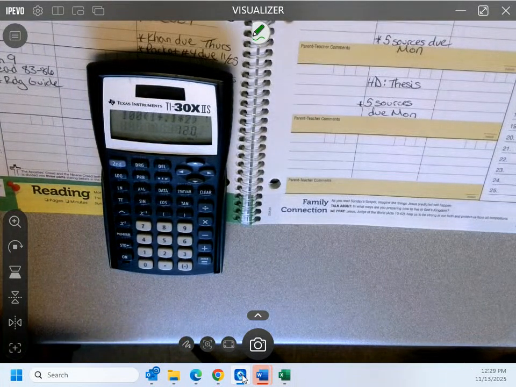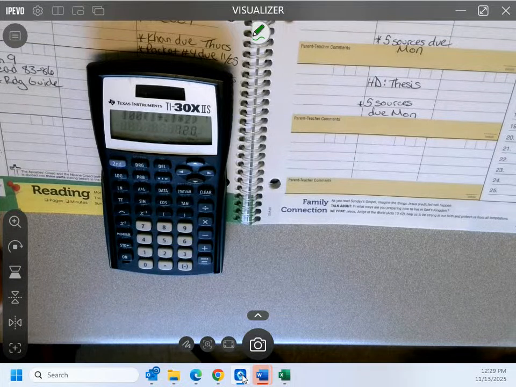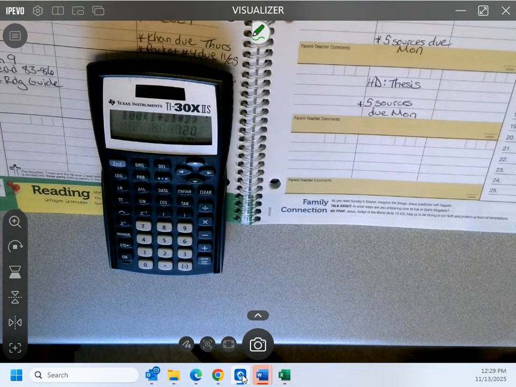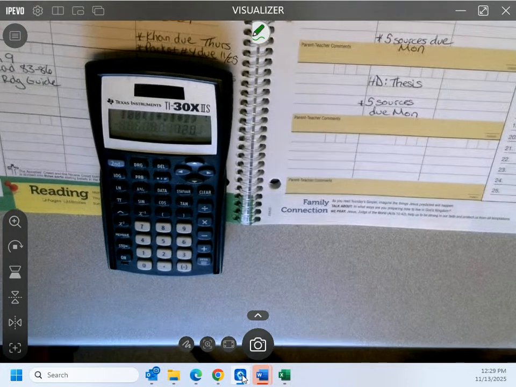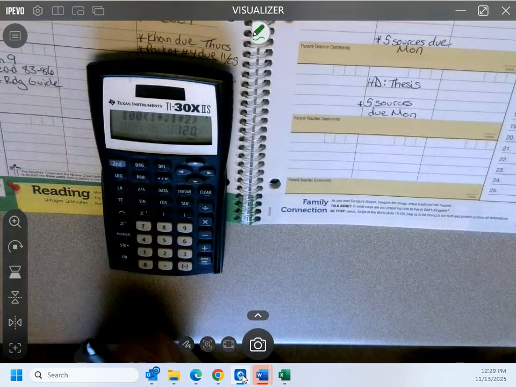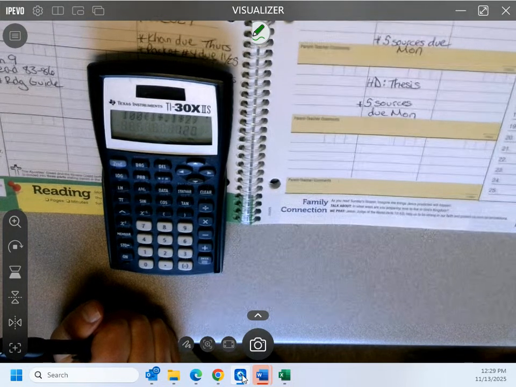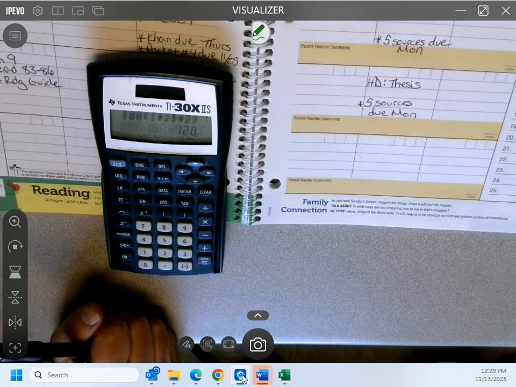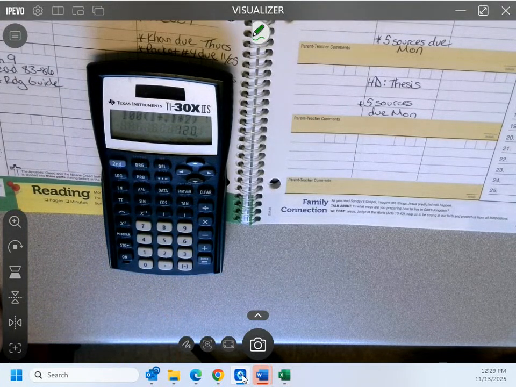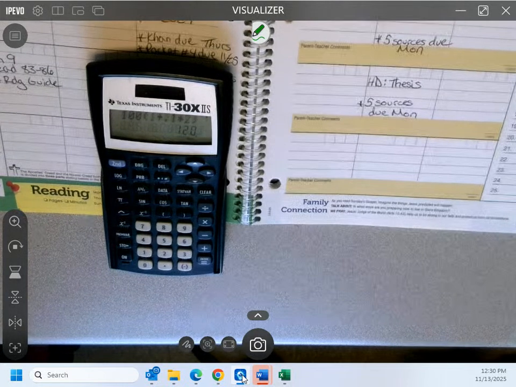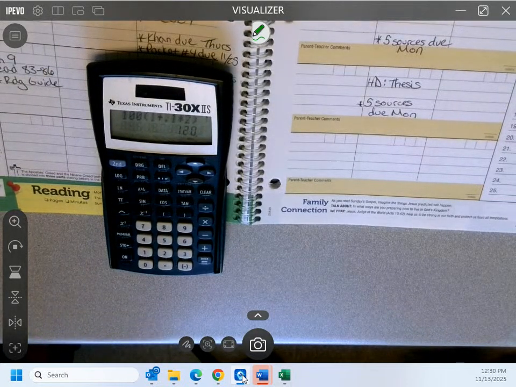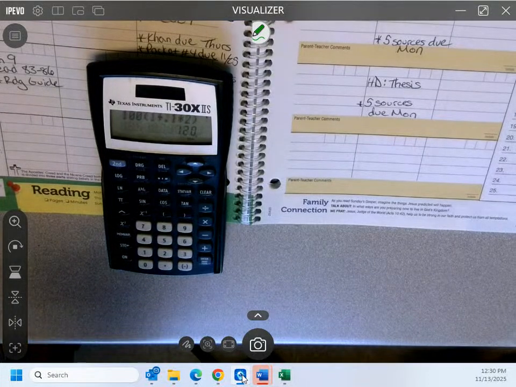Why am I being so specific that you have to write it out? Why would I do that, Clara? Because if you mess up on your calculator, you can look at your paper and see what you did wrong. Yes! If when you get the answer on the calculator, you go, that doesn't logically make sense. That just seems way off. You can figure out where that mistake happened. Okay? Mental math, no, we don't need to try to do it all mental math. We're getting into the more complicated stuff.